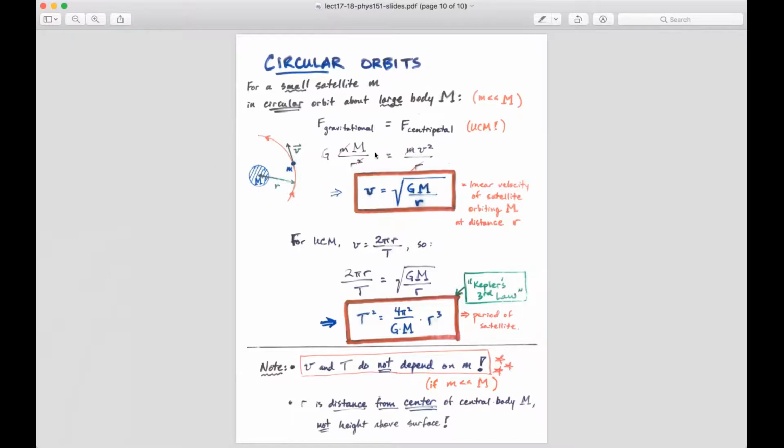And we know that it's given by Newton's law of universal gravitation. So if we write the law of universal gravitation between mass capital M and mass little m, and set that equal to the centripetal force needed to keep little m in a circular path, then we notice that one power of r cancels and the mass of little m cancels.